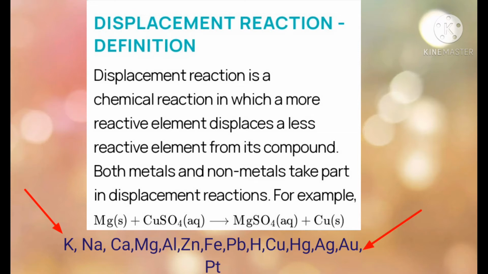In shortcut: Popular (potassium), scientists (sodium), can (calcium), make (magnesium), a (aluminium), zoo (zinc), in (iron), low (lead), humid (hydrogen), country (copper), more (mercury), satisfactory (silver), then gold, platinum.